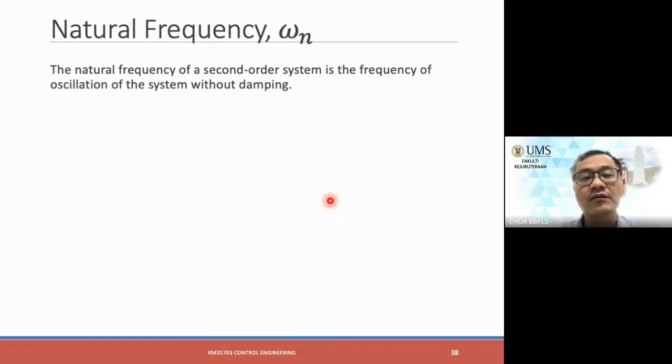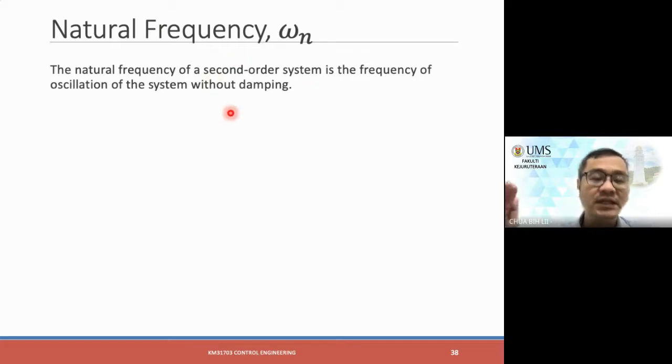characteristics of a second order system. As I've mentioned earlier, we would come to a point where you would use terms like damping ratio and also frequency. Here we would use the term natural frequency. The natural frequency for a second order system is the frequency of the oscillations of that system without any damping.